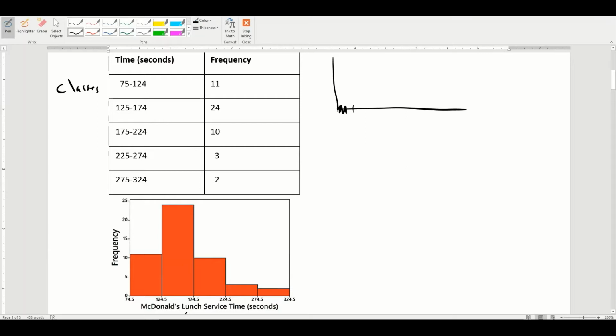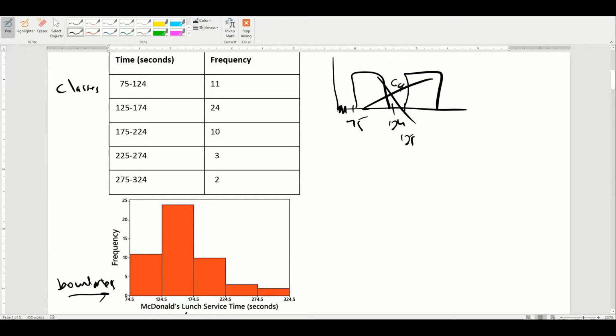If I start at 75 and go up to 124, and label the next one as 125, and start to draw my bars, there's a gap. That's not good. So there's two things we can do. Either we use class boundaries like this one does, or we'll use midpoints. We'll do an example of each here in just a few minutes.